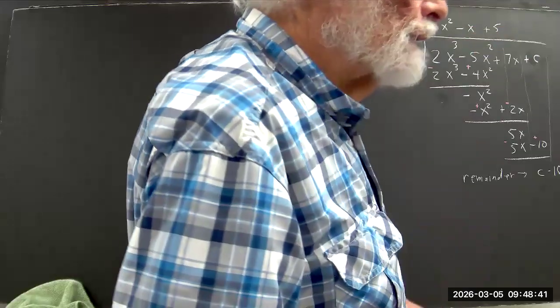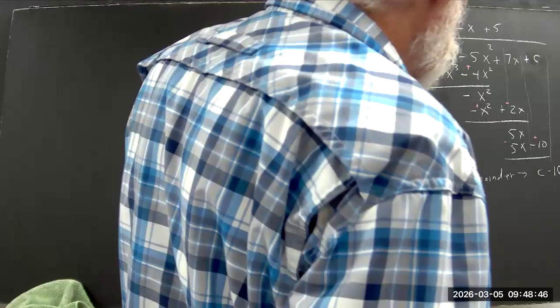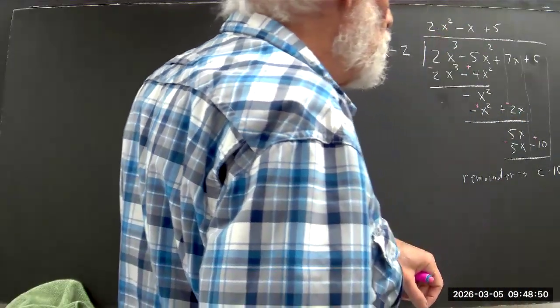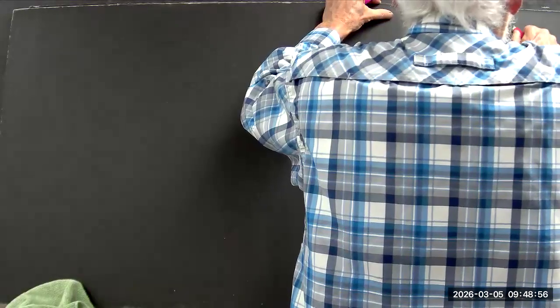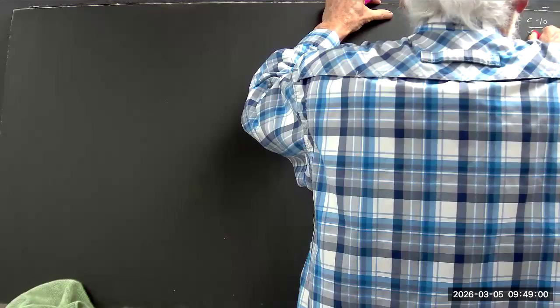So now we could write 2x squared minus x plus 5 plus remainder. Or we could write 2x squared minus x plus 5 plus (c minus 10) over (x minus 2). And that's the way I'm going to write it. Okay.